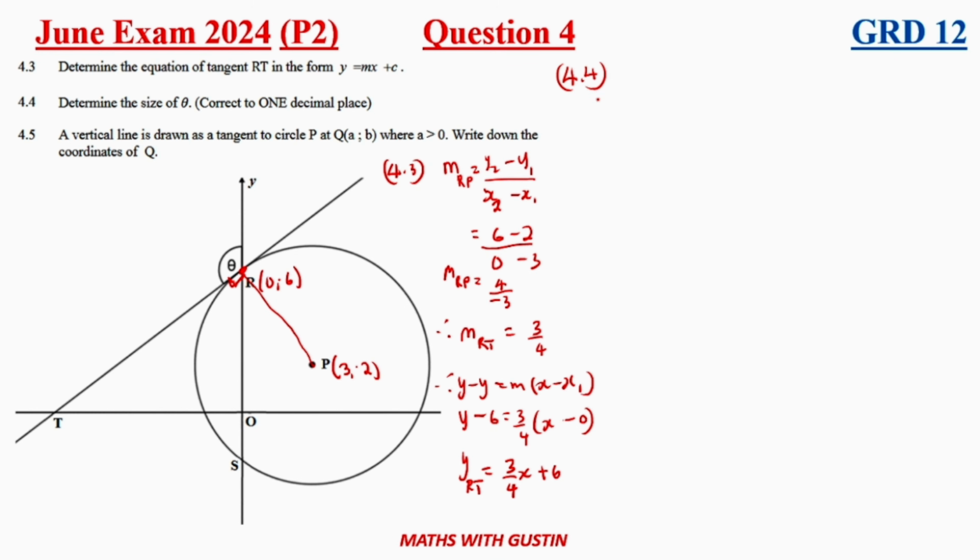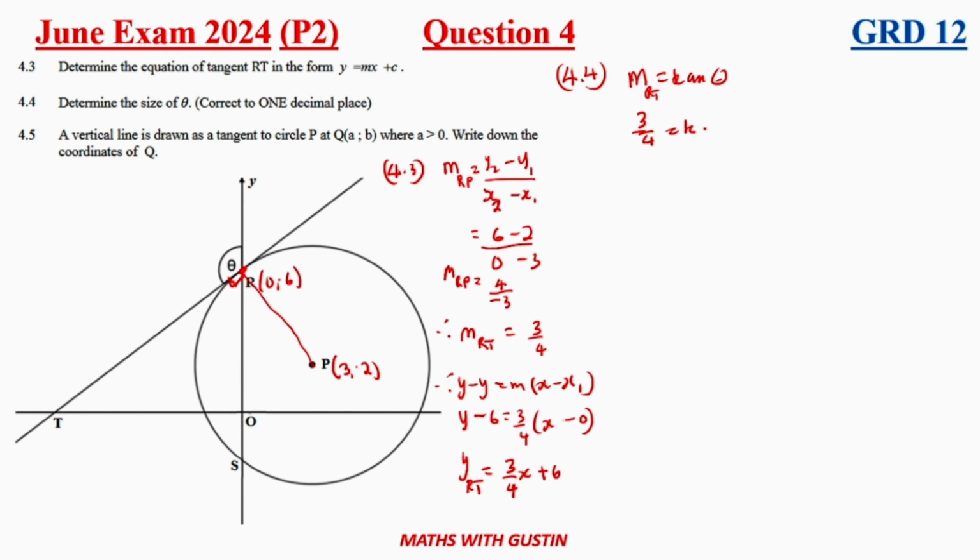All right. 4.4 is to determine the size of theta, rounded off to 1 decimal. You know the relationship between the gradient and theta: the gradient is equal to tan theta. So this is the gradient of line RT. We know the gradient of line RT is 3 over 4.